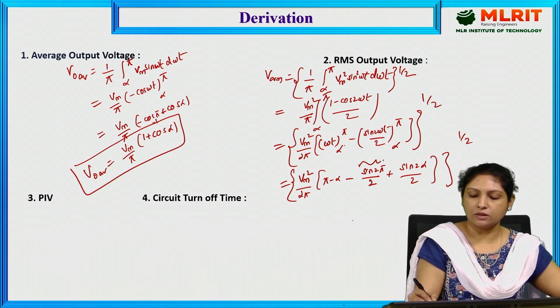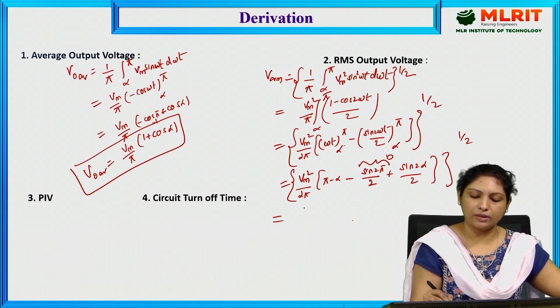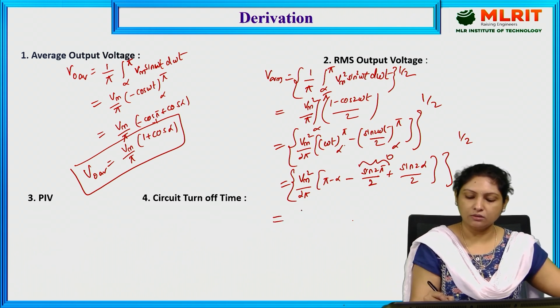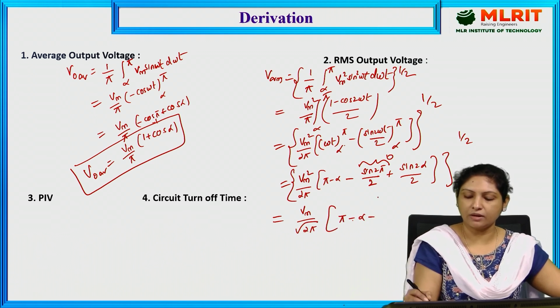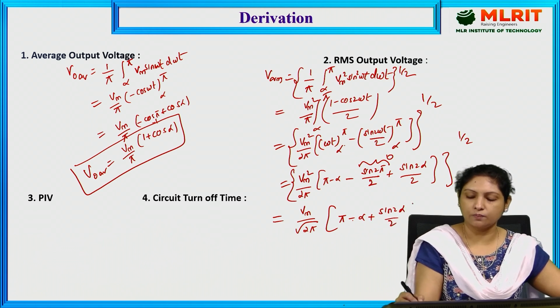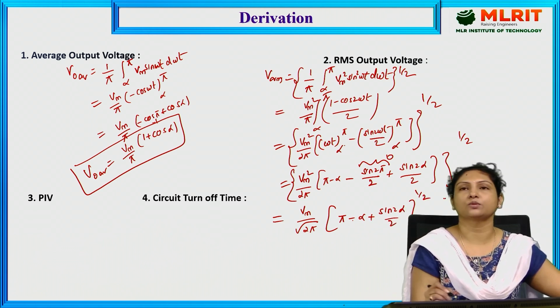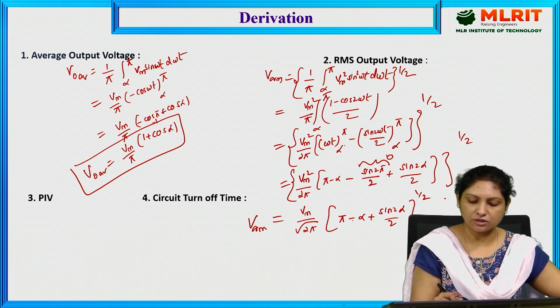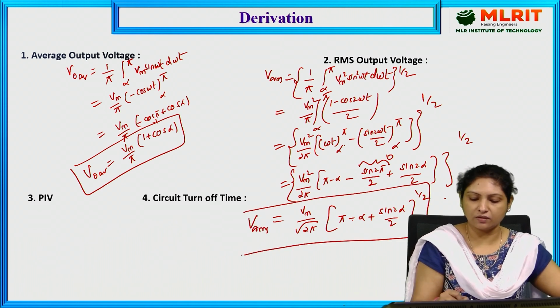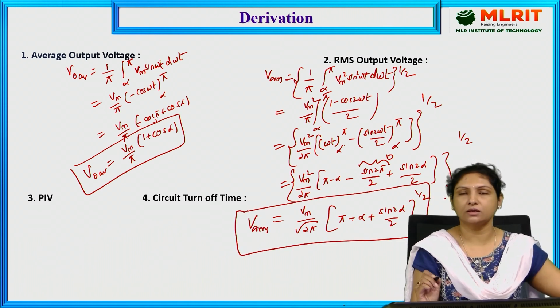Since the sin 2 pi term is 0, applying 1 by 2 here, we get Vm by root 2 pi times (pi minus alpha minus 0 plus sin 2 alpha by 2) whole to the power of 1 by 2. This is the V naught RMS expression for the single phase fully controlled rectifier with RL load and freewheeling diode.